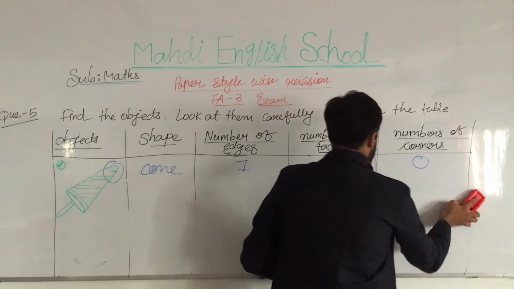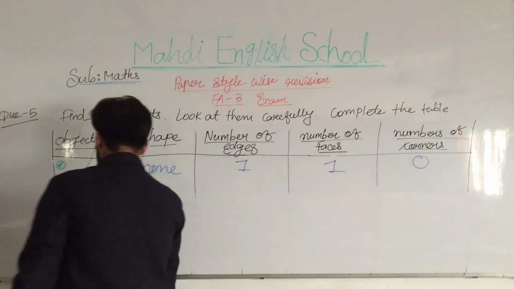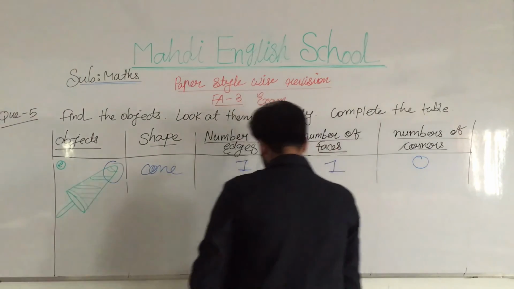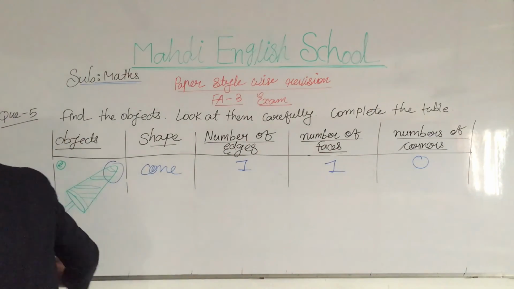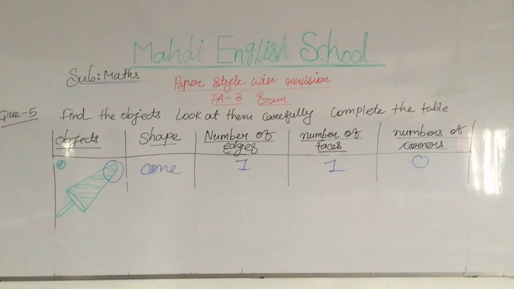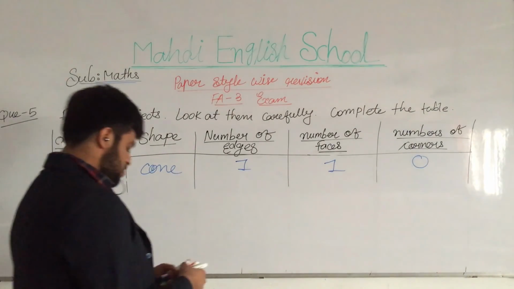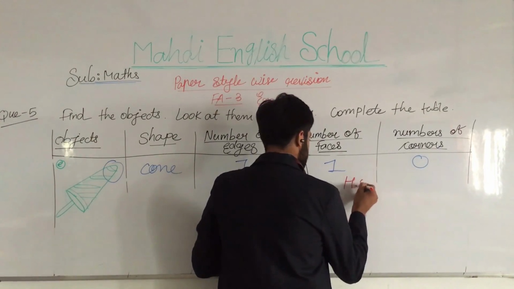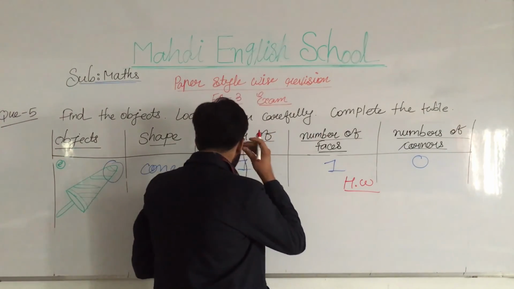So now you fill your textbook properly, my dear students. Understood? Now you fill your textbook properly, and then you write your example. Now, my dear students, I am giving you your homework. Paper style wise revision.